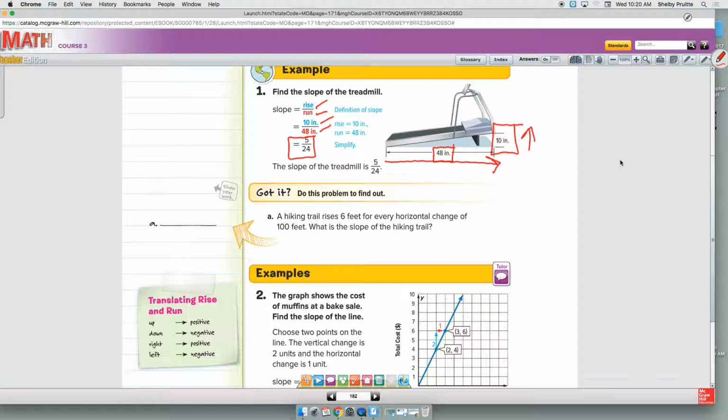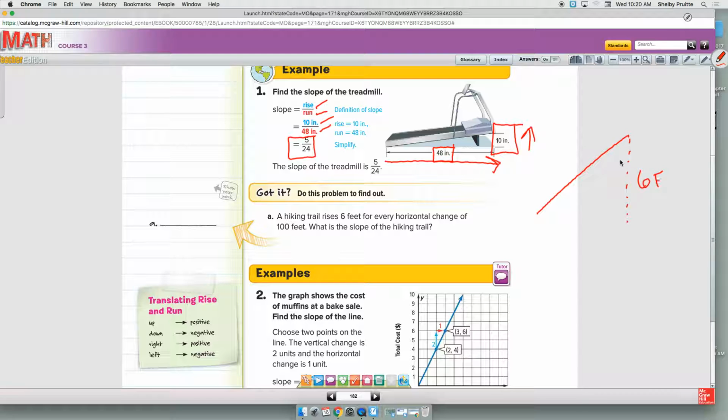So we can do an example like this. A hiking trail rises 6 feet for every horizontal change of 100 feet. What is the slope of the hiking trail? So if we have a trail, let's say it looks a little bit like this. We know it's going up. And it rises 6 feet.